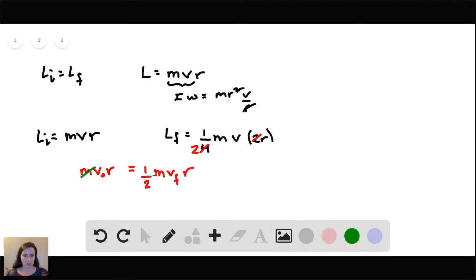My m's go away, my r's go away. So my initial velocity is 1/2 of my final velocity. So my final velocity is 2 times my initial velocity.